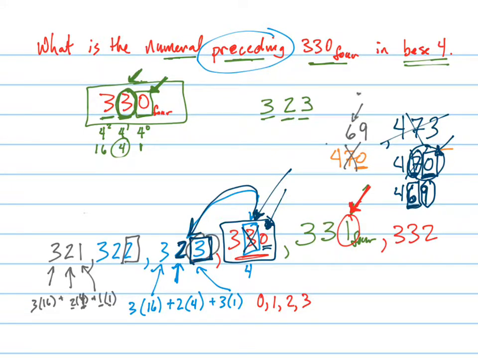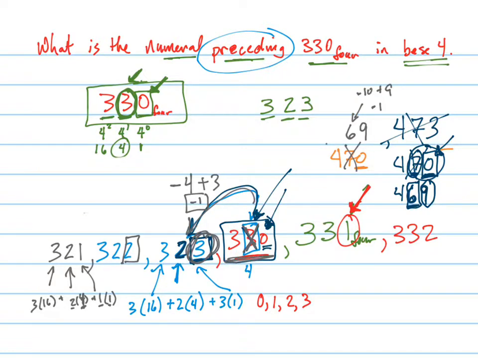I took 10 away, but then I added 9, so I really only took away 1. That's what I'm doing here. I'm taking 4 away, but I'm adding 3 back, which means I only took 1 away in total from that number.